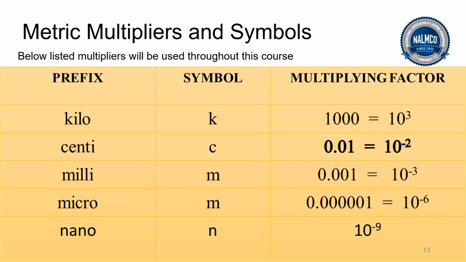I also want to remind you that in the SI system, we make use of a lot of multiplier terms like kilo and milli and micro and nano. And in this table, we see the standard symbol for kilo and milli and micro.